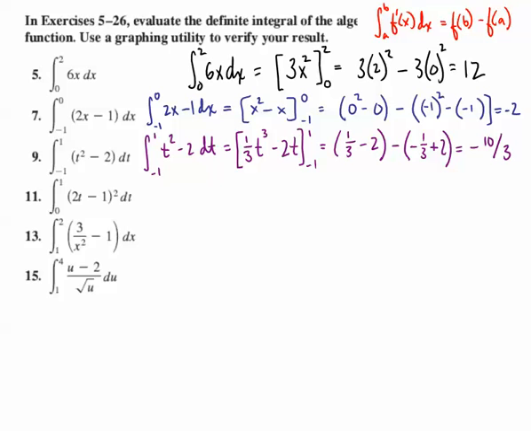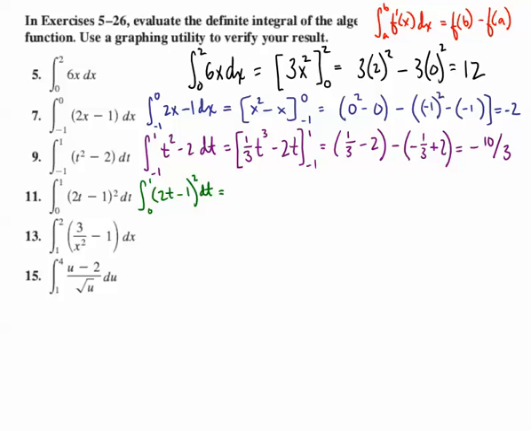In the next example, what we want to do is some rewriting before we begin to evaluate the integral. So we have an integral from 0 to 1 of 2t minus 1 quantity squared dt. The first thing that we want to do is just expand that out.